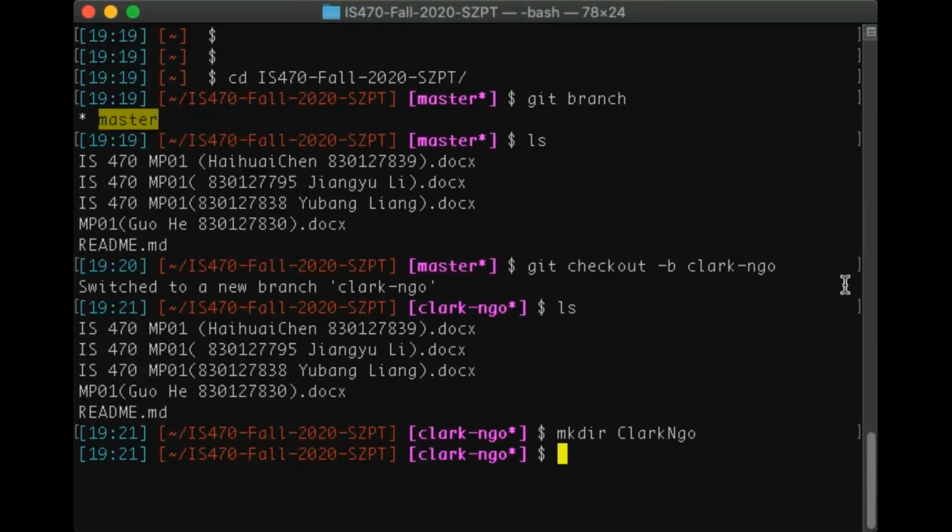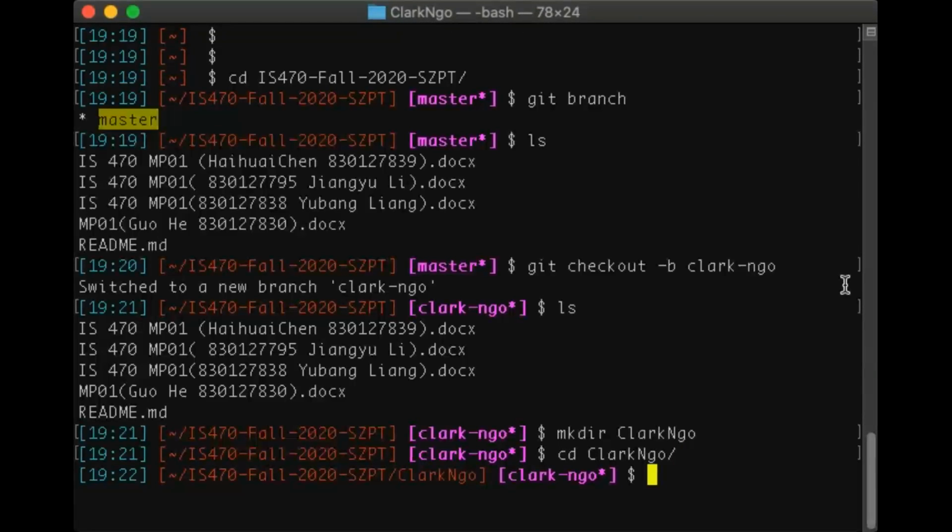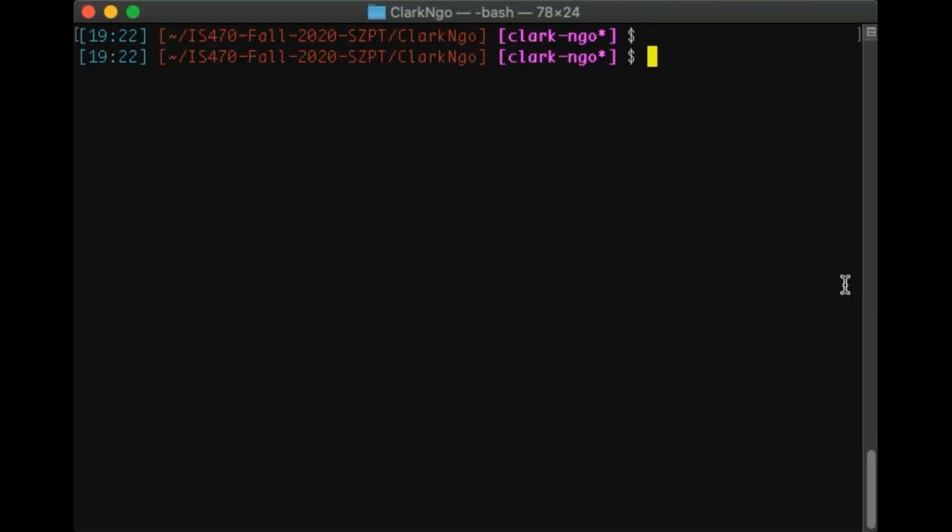The purpose of us creating our own name folder is if we accidentally merge it, it shouldn't mess with other students' submissions, because you are just working in your own folder as well. Okay, we do want to go inside of that folder, right? And as you can see, there's no content, right? So this will be your usual setup now.